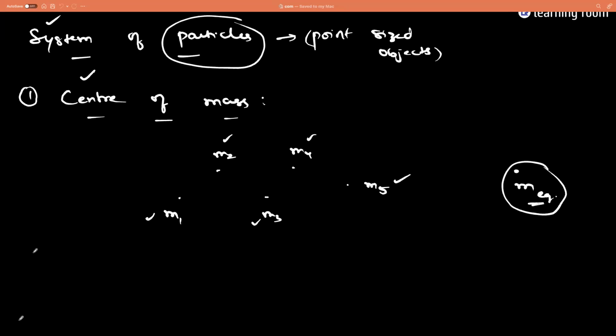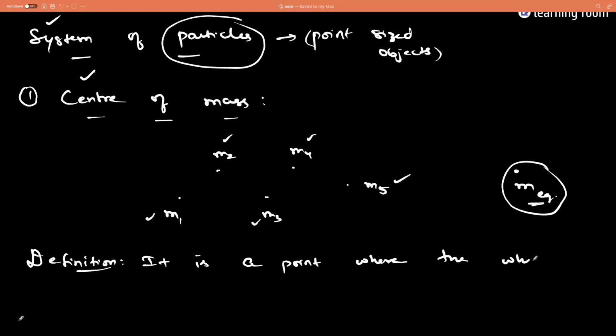So now we will give a definition to it. A definition given to the center of mass is something like this. It is a point where the whole mass of the system is said to be concentrated.